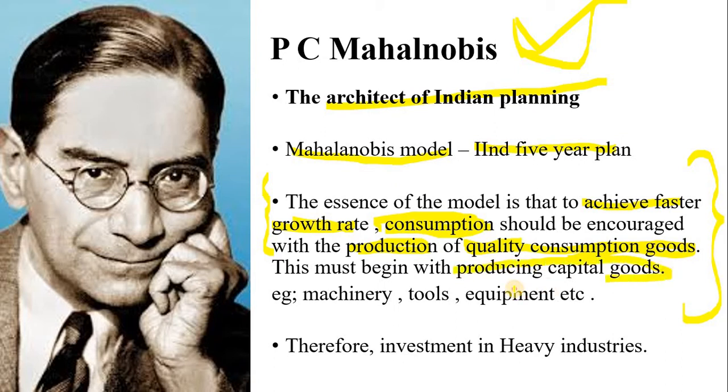They produce capital goods. We discussed that capital goods are machinery, tools, equipments, etc. Isn't it? So these are all capital goods. A machinery which can produce better mobile phones, better touch screen, better camera, the mobiles become better and better.